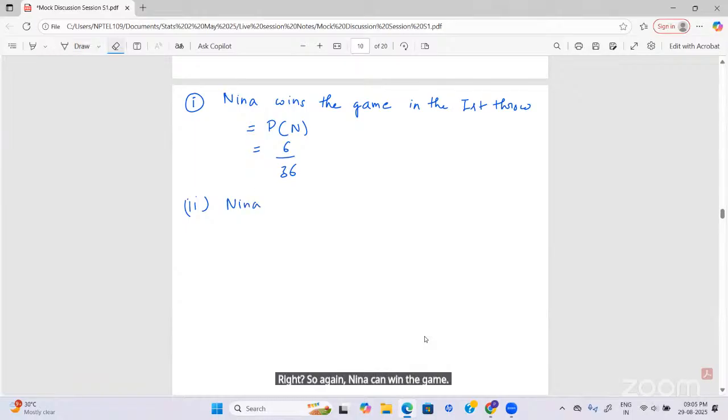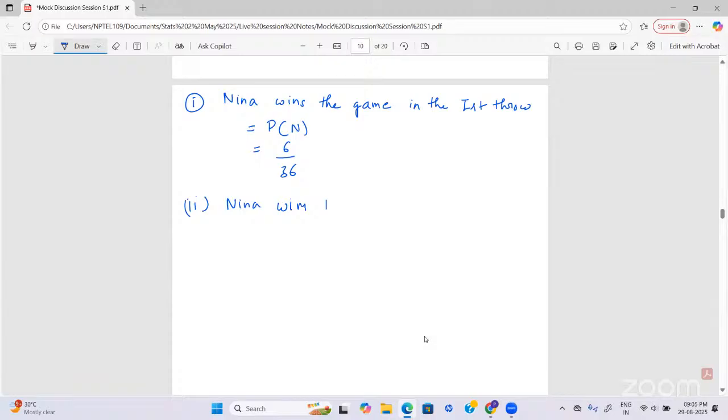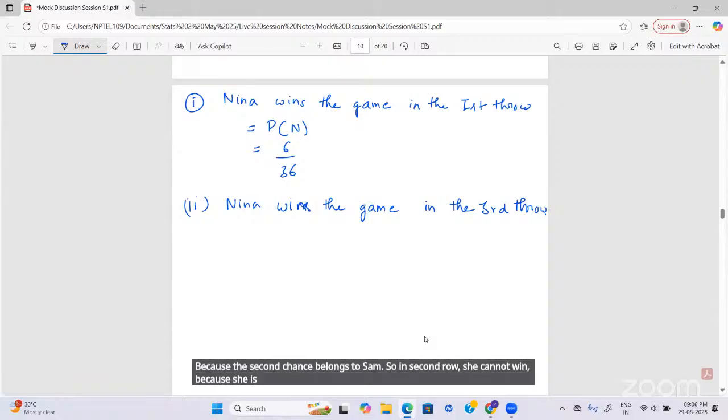The second possibility can be Nina wins the game in the third throw. Is this statement clear? This can be the other possibility, because the second chance belongs to Sam. So in the second throw, she cannot win because she is the first one starting the game.